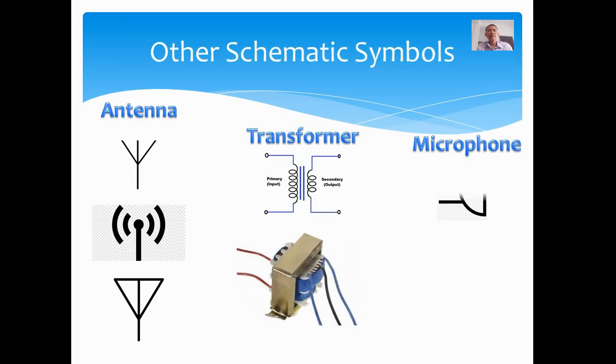Next is the microphone. I hope that you are all familiar with the microphone component, and you need to be familiar with the microphone symbol. Next one is the speaker. I guess the speaker is one that is easy to remember.